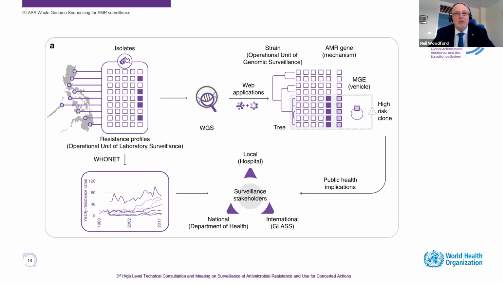So at top left, you can see that they have sites across the country that are supplying resistant isolates. They whole genome sequence them, and they then analyze them to define the types of strains. They can look at strains that are of particular interest, identify high-risk clones, and then it comes to the point that Nan and Ariana was making earlier.